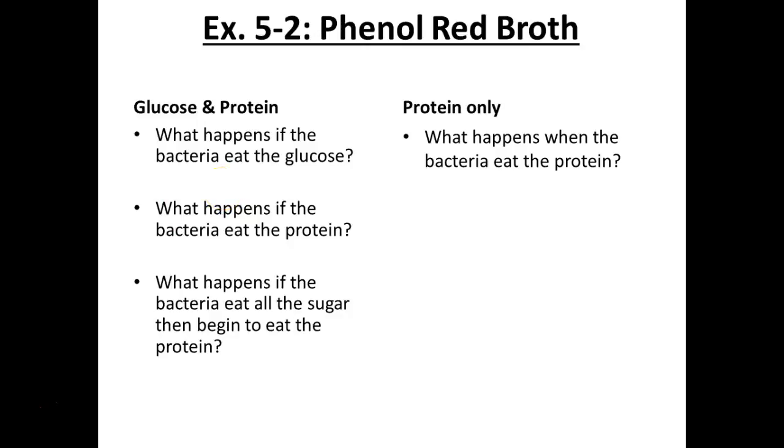There is one question that I do want to ask you guys. When you were thinking about this table, and we didn't do this, our broth comes with the glucose already in it. Some scientists will do a set of control tubes that just have a protein in it. They don't have the sugar. So in that case, the only thing they could do if they choose to is eat the protein.